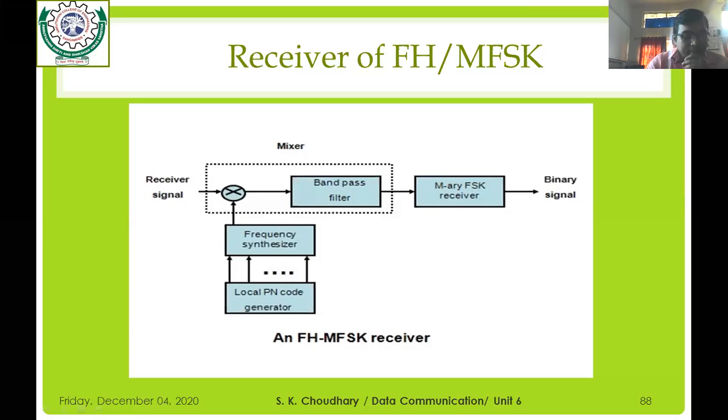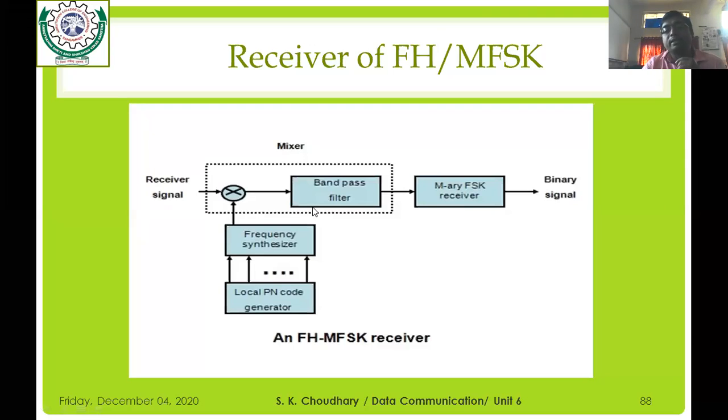Out of these, the sum component is discarded and the difference frequency component is selected by the band pass filter, which follows the multiplier.